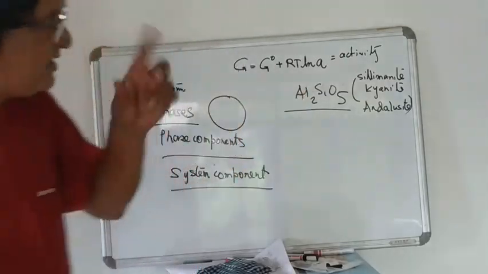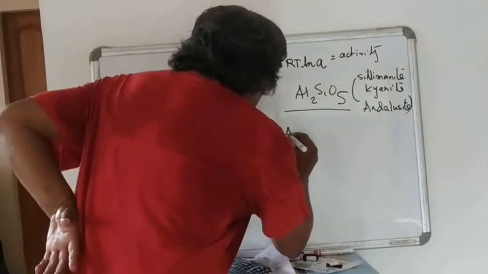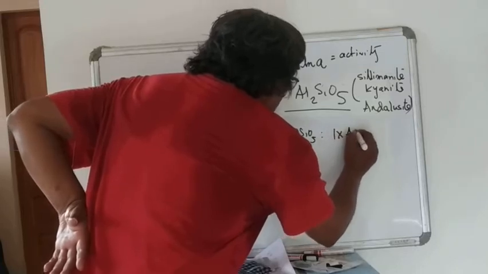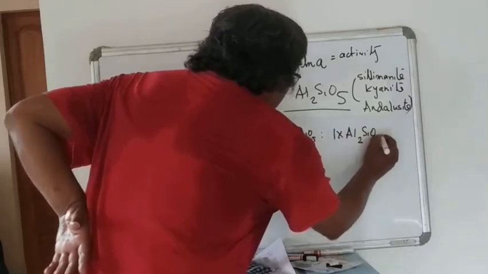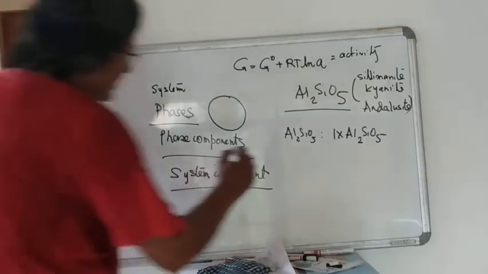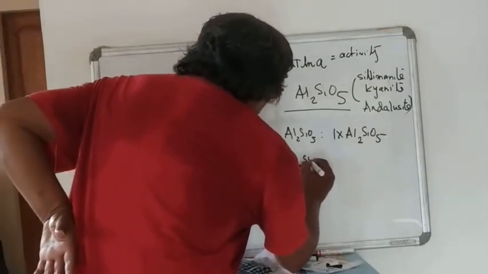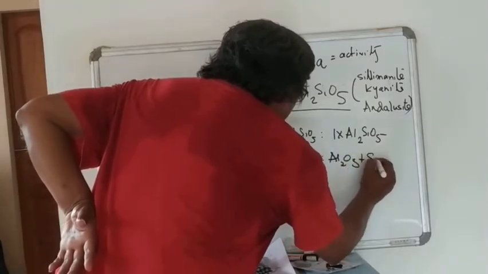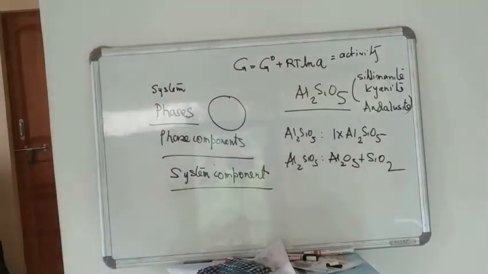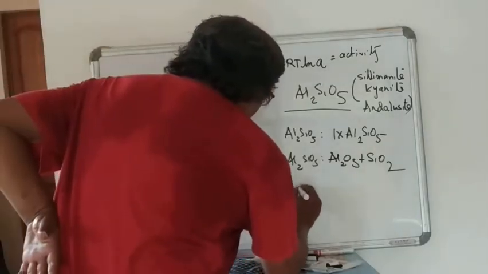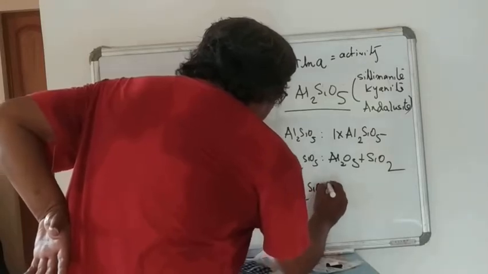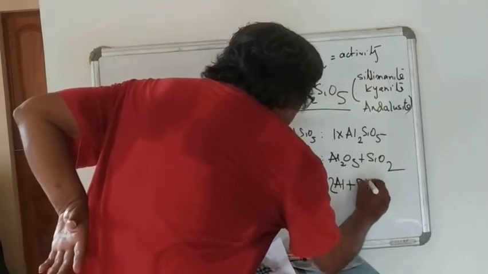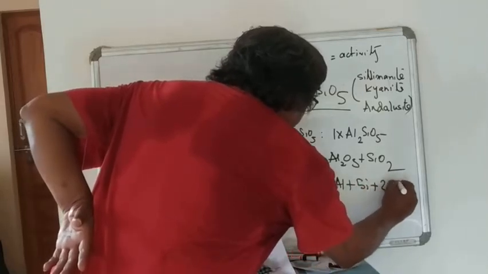Now, I can write Al2SiO5 as 1 into Al2SiO5. I can write Al2SiO5 as Al2O3 plus SiO2. I can also write Al2SiO5 as Al plus Si plus 2.5O2.